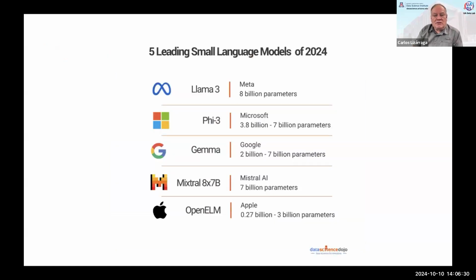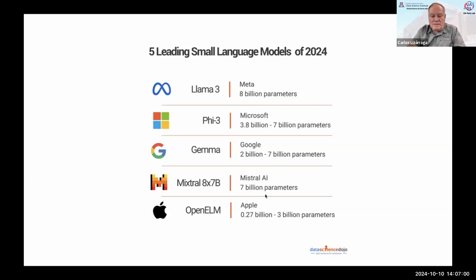You will see that there are other options for small language models coming from other companies like Meta Llama 3 and Google Gemma, and also Mixtral, and even Apple has OpenELM. And you can see now that the number of parameters is smaller. We have been seeing an order of 50 billion parameters. These are smaller, only 8 billion, 7 billion parameters.